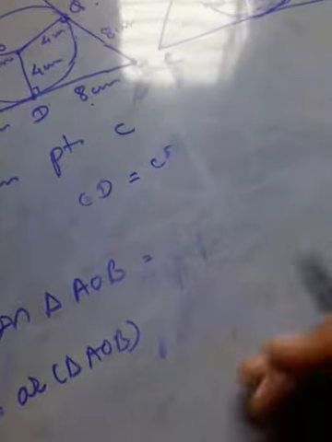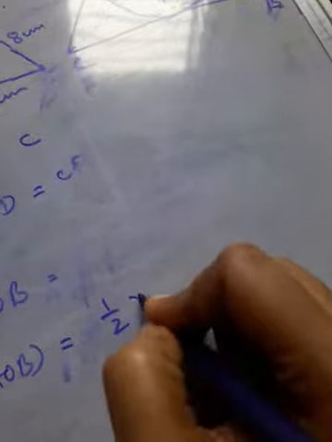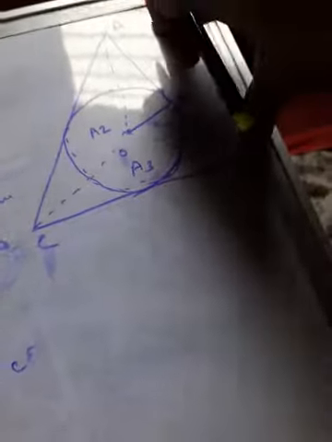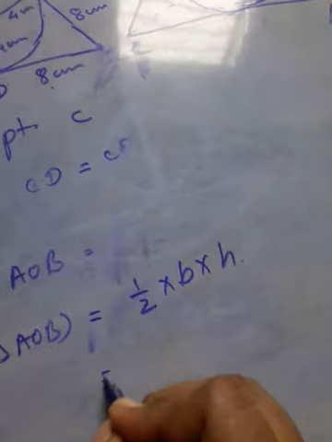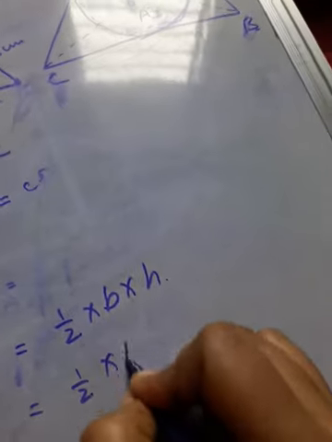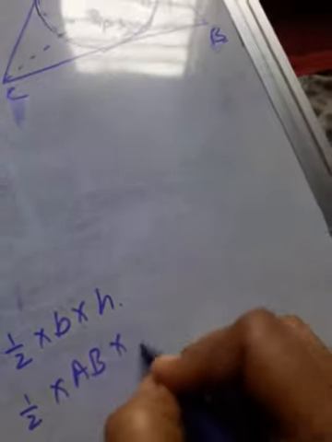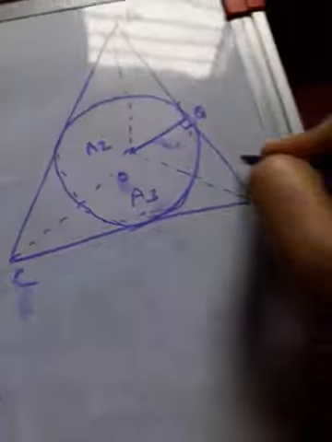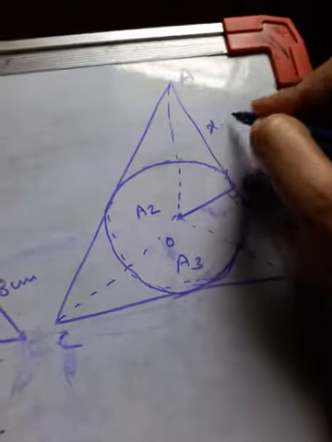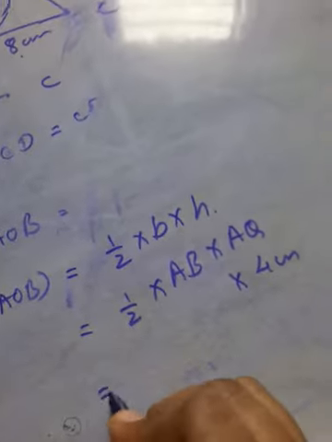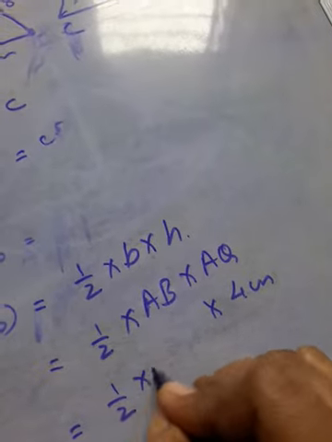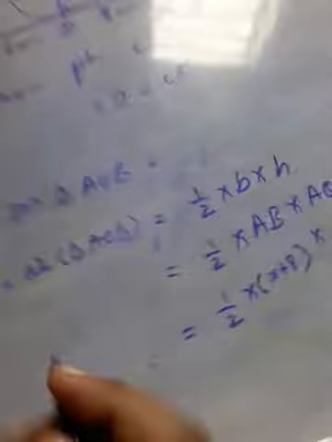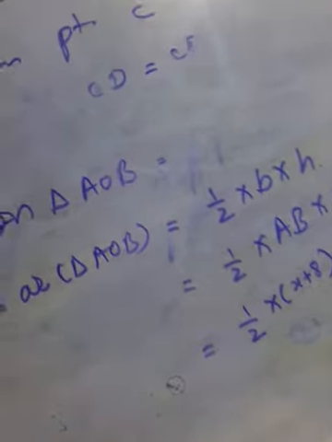So in triangle AOB, the area is half base into height. The base is AB and the height is OQ. So write down half into AB into height. The height is already given, 4 cm, and AB is 8 cm plus x, means x plus 8. So half into x plus 8 into 4. Now this is our area of triangle A1.